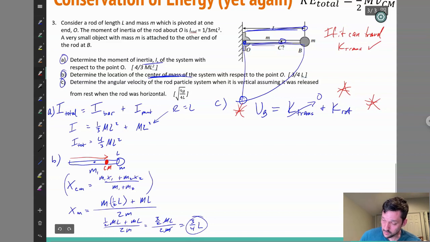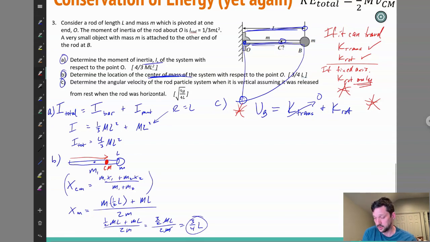If it can travel, and if it could rotate while it's doing that, then yes to both. However, if it's got a fixed axis, then it's got kinetic energy of rotation only. That's a thing we need to know, because if we didn't, we would start throwing in extra terms and be off by quite a lot.